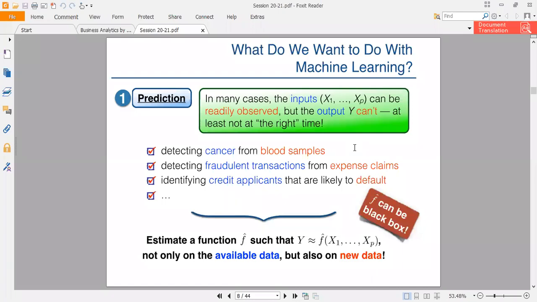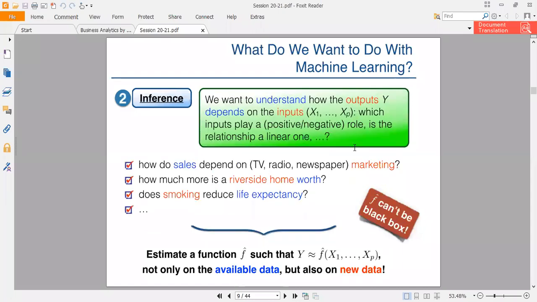The other thing is you want to draw some sort of inference, and that basically means कि आपके पास कुछ independent variables हैं, and you want to see how they affect your dependent variables. So for example, you could build a model that predicts sales, for example, based on a lot of different factors. Your sales could be affected by the price, by your advertisement, by your marketing, and a lot of other stuff as well.